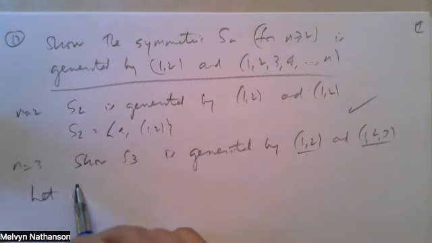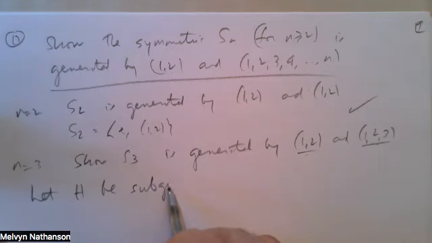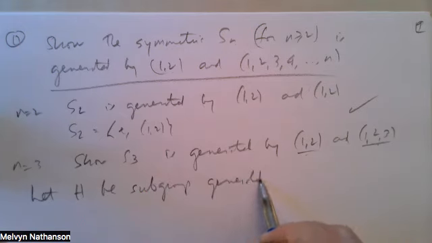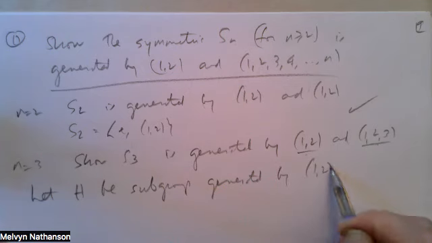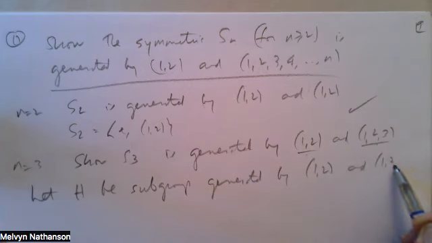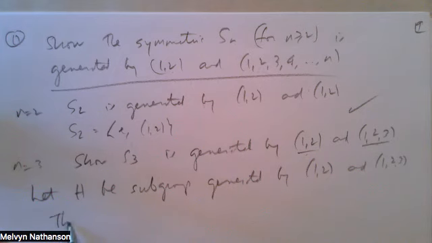Suppose we let H be the subgroup generated by (1 2) and (1 2 3). So then the inverse of the permutation (1 2 3), which is the permutation (3 2 1), is also in H.